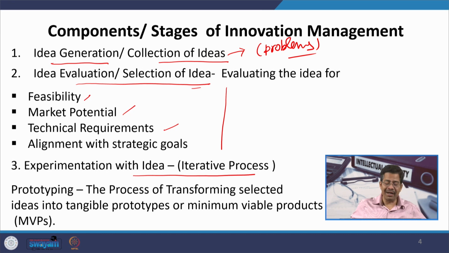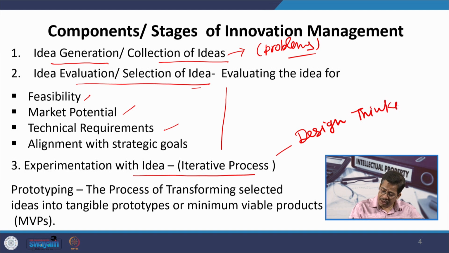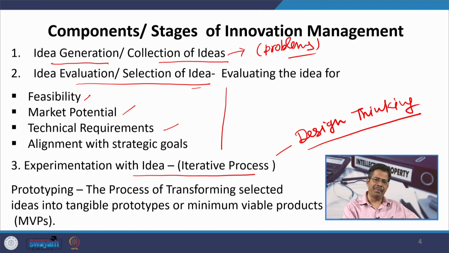The process of innovation requires multiple experimentations, and many of you must have heard about this concept known as design thinking. Design thinking facilitates faster experimentation and faster iterations, and therefore, in the present environment where innovation has become a very important buzzword, design thinking is helping us in reducing the cost of experimentation, because when you are doing experiments there are chances of failures also.